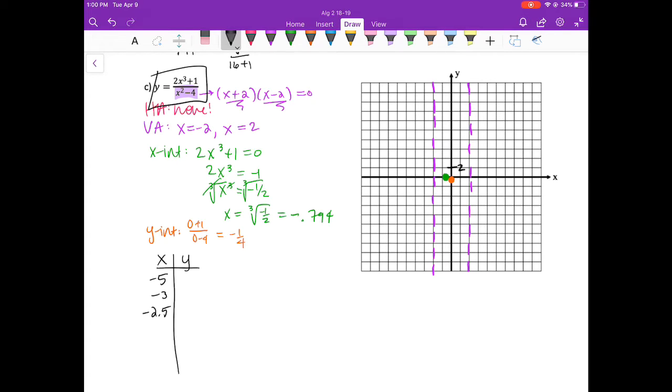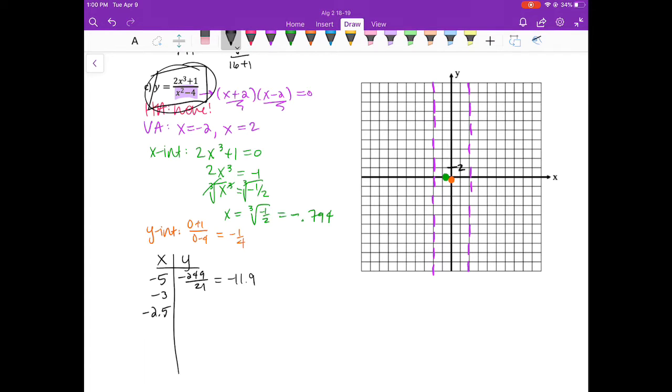Now, plugging in negative 5 into our function, we end up getting negative 249 over 21, which for our intents and purposes is basically negative 11.9. That's how I knew we wanted to count our y-axis by something other than 1s. And we'll plot all our points when we're done plugging them in.